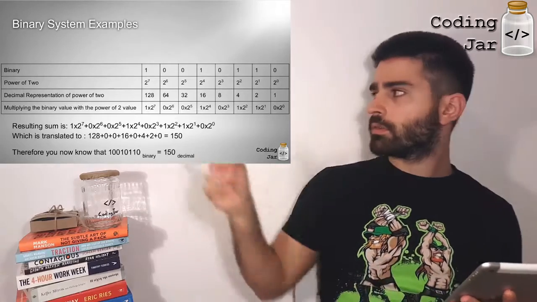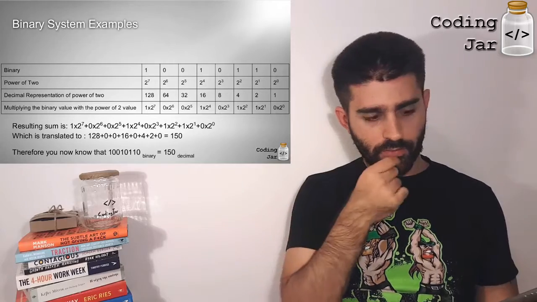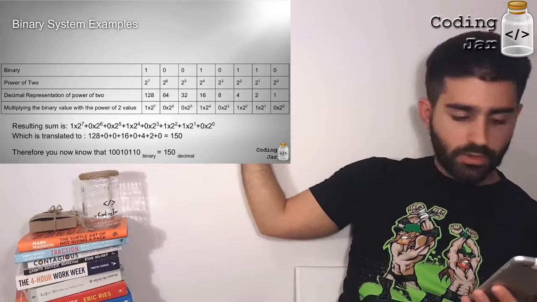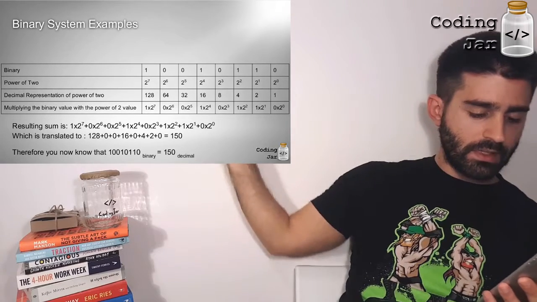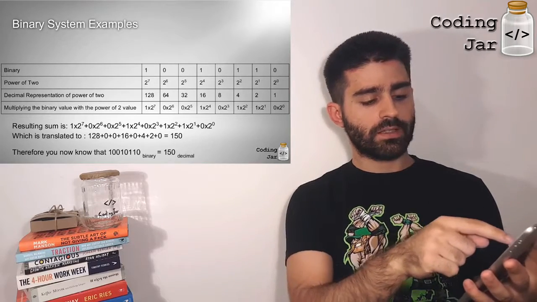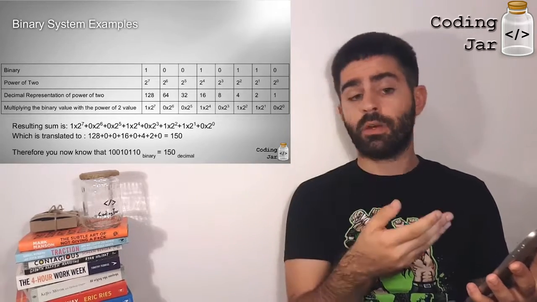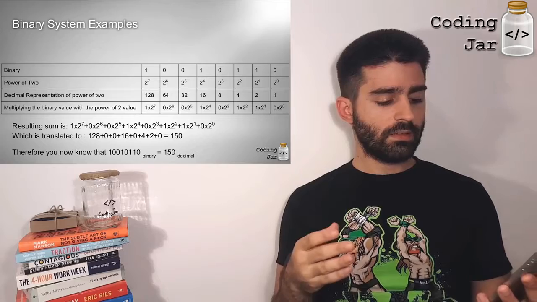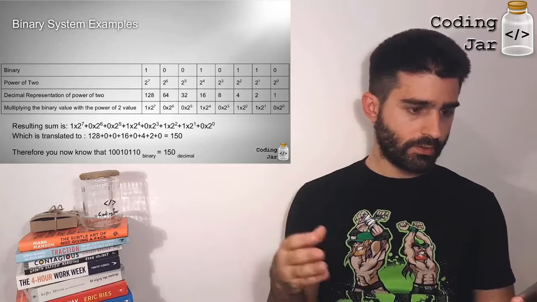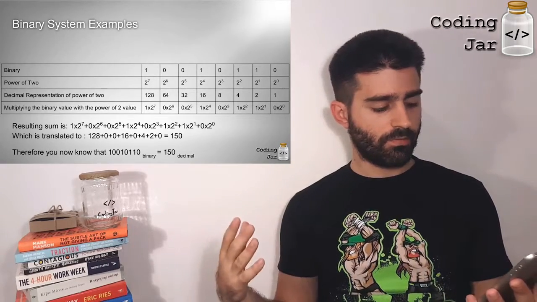I will try now on the next row to show you what each of those powers of 2 means. So 2 to the 0 power is 1, 2 to the first power is 2, 2 to the second power is 4, and so on. 2 to the third is 8, 2 to the fourth is 16. Now if we multiply each of those 1s and 0s with the corresponding power of 2, we get 1 multiplied by 2 to the 7th power, 0 multiplied by 2 to the 6th power, 0 multiplied by 2 to the 5th power, and so on.